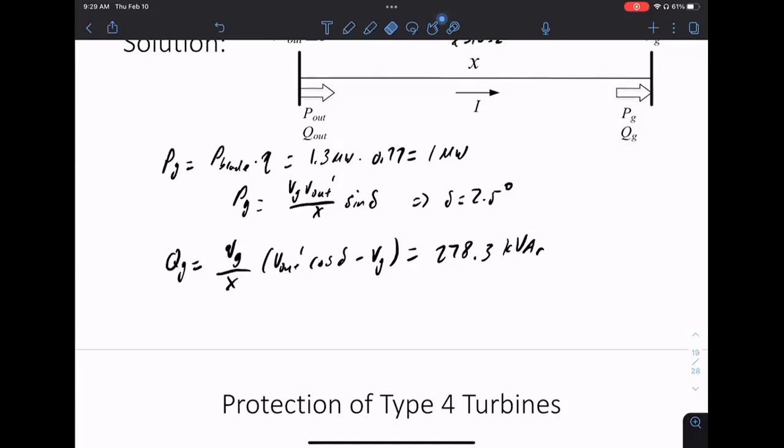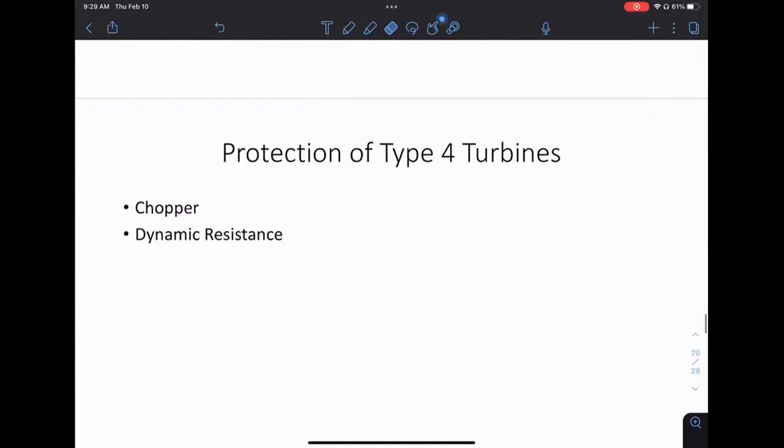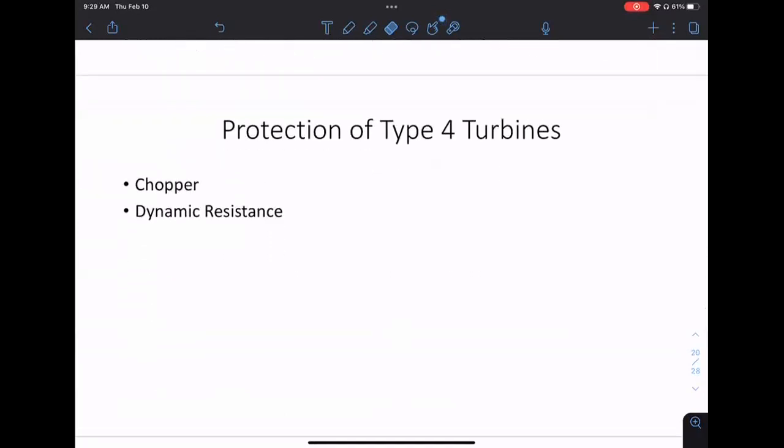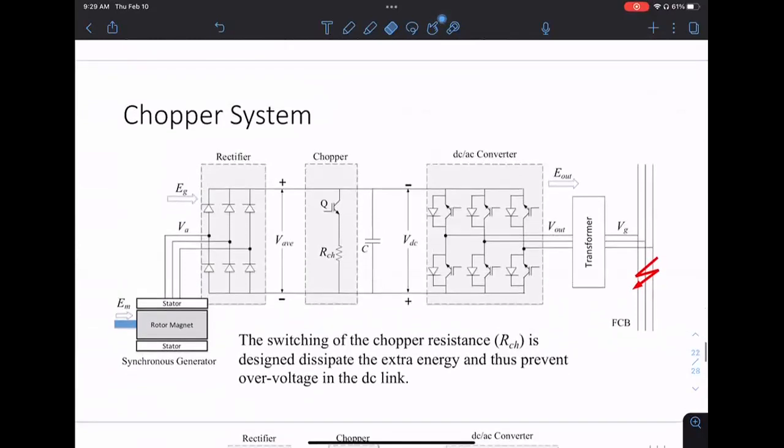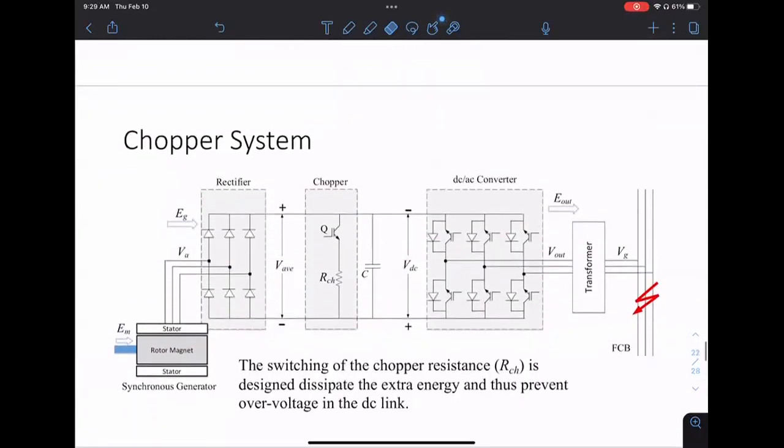Okay, so for type 4, the next is protections. The protections again will have choppers and dynamic resistance, so it's very similar to before. The idea is you want to protect the capacitor in the middle, and the whole thing is do not break that capacitor. This capacitor is very important for this whole thing to work.